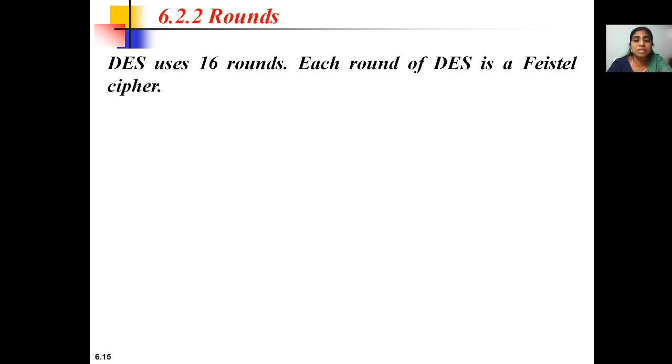This Feistel structure is a structure where we are going to divide the 64 bits into two parts. One is 32 bits left and the other one is 32 bits right. Then we are going to take the 32 bit right values and directly put them into the left of the round 2 values, but the left values are again given to the round 1 function.